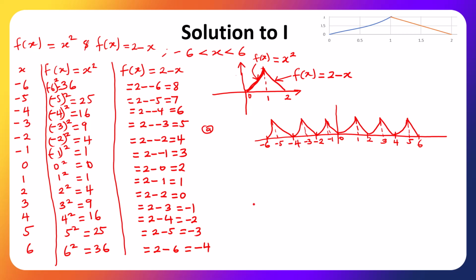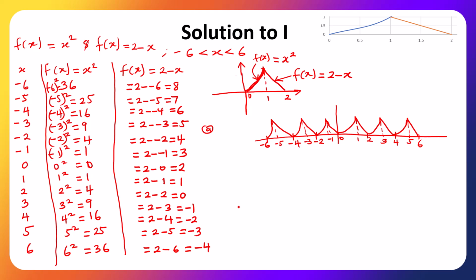So we've been able to draw for A. Now, the second question says, if f of x is an even function and periodic of period 4. Let us note that, like we said before, f of x equals x squared is quadratic, while f of x equals 2 minus x is linear.